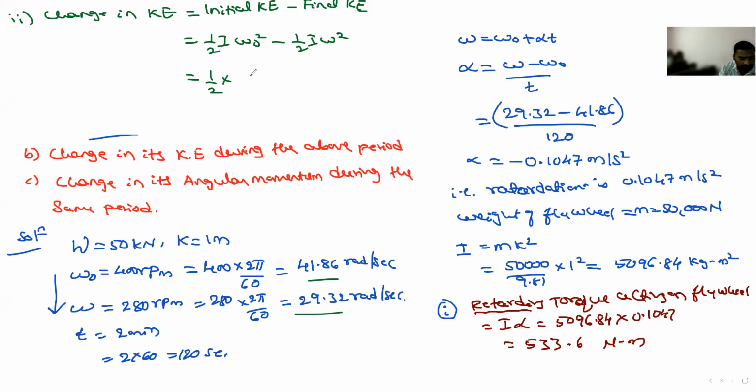I is equal to 5096.84. Take it outside. Initial omega is 41.86, minus final omega, 29.32. Calculate.